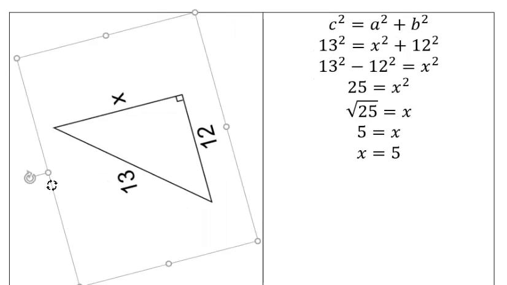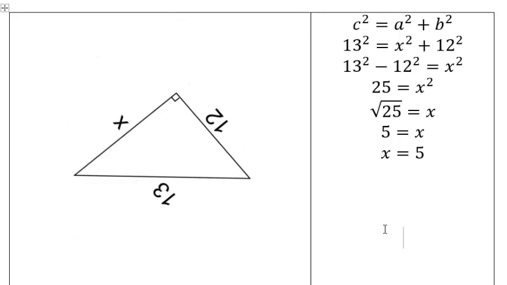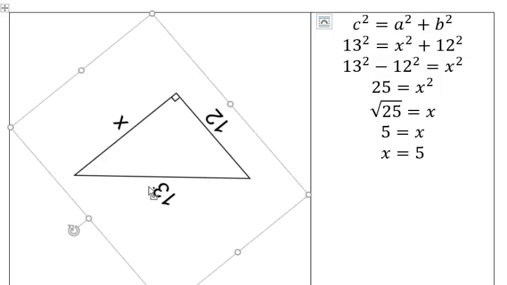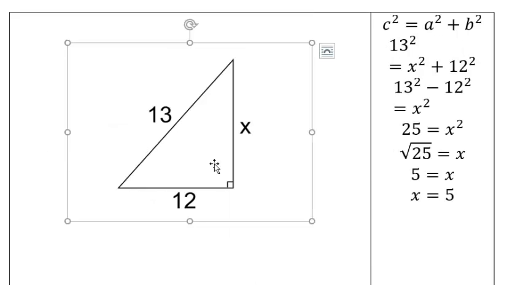If this thing is shown this way, it's gonna look like the 13 is the base, but no, 13 is the hypotenuse still, because it's always opposite to the 90 degrees angle. So in this case 13 is still C, okay, and I still have x as A and 12 as B. It doesn't matter how the triangle is presented.